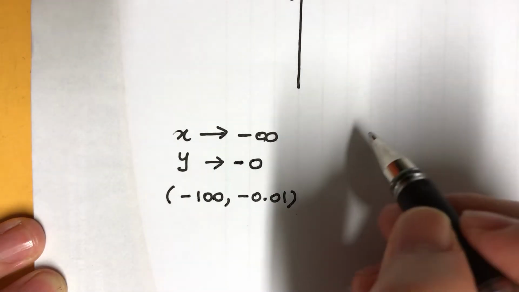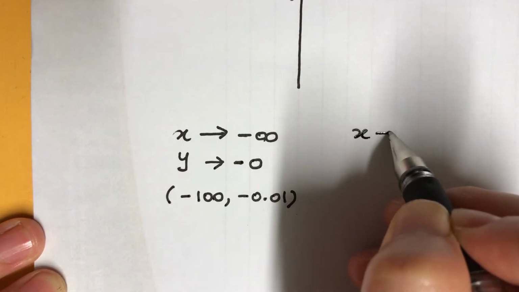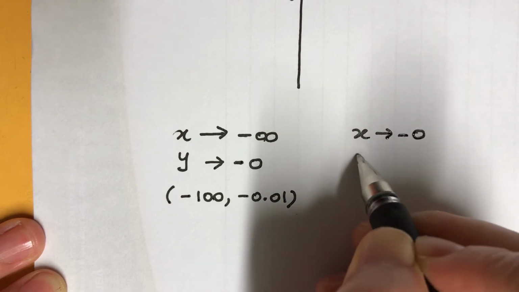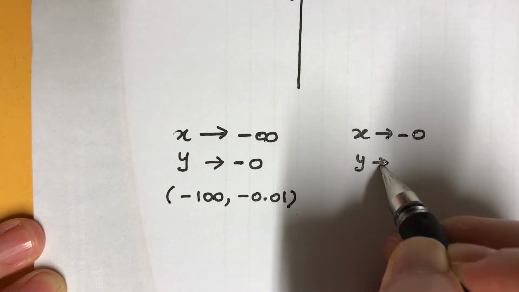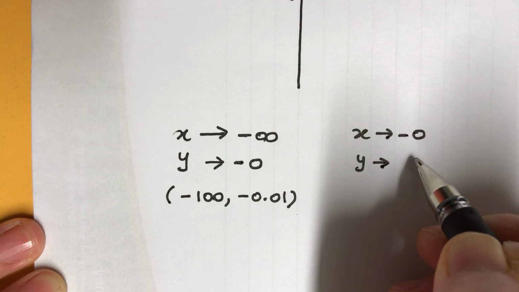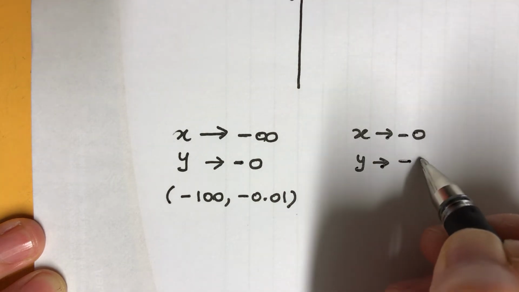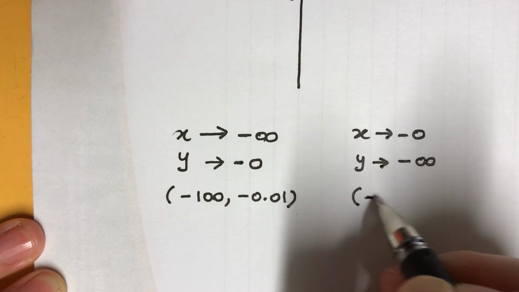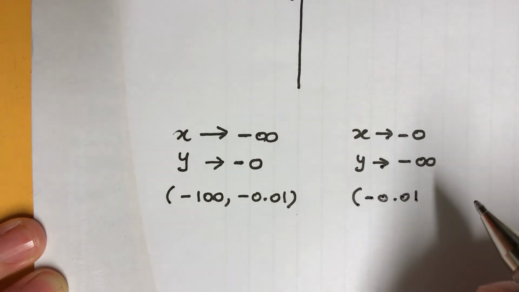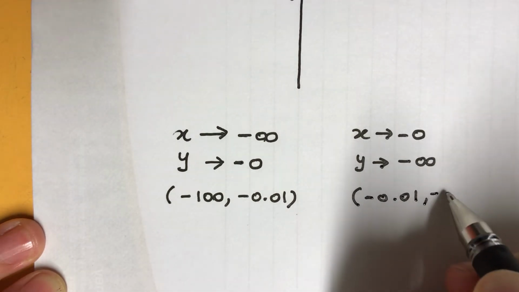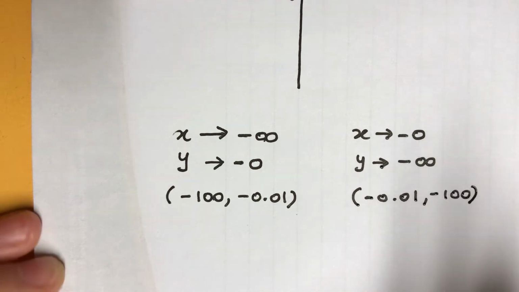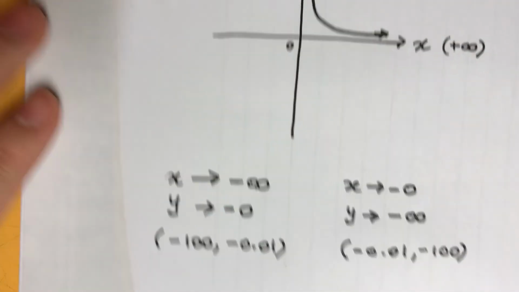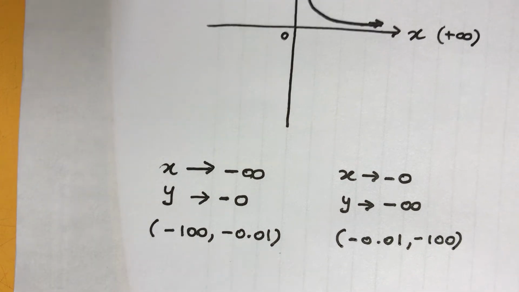And then when x goes towards minus 0, my y value will go towards, what happens? Negative infinity. For example, I picked negative 0.01 and I'll get negative 100. Let me see if I can push it up, and then you can see it a little bit better.